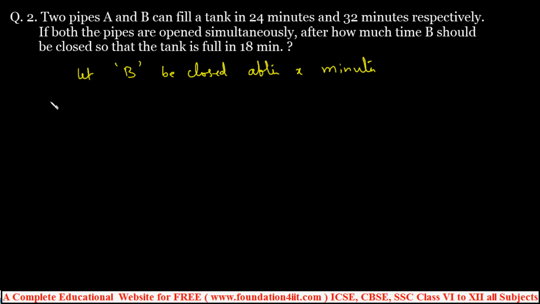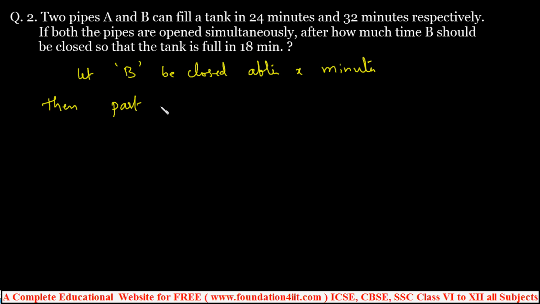Then the part filled by A plus B in X minutes, plus, because A and B are open together for some time, afterwards only A is working because B is closed, but completely the total tank should be filled. So there are two parts: A plus B together, and A alone.